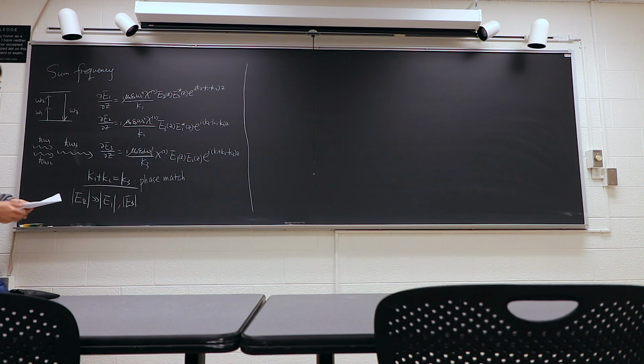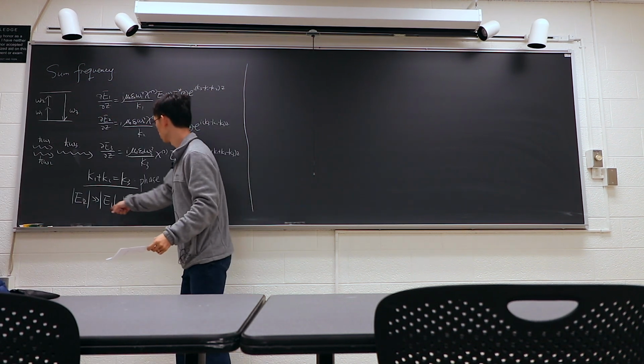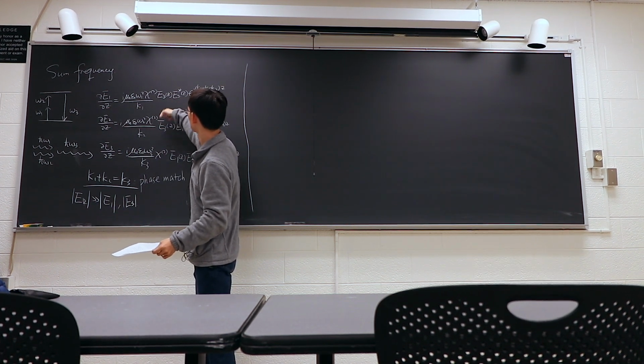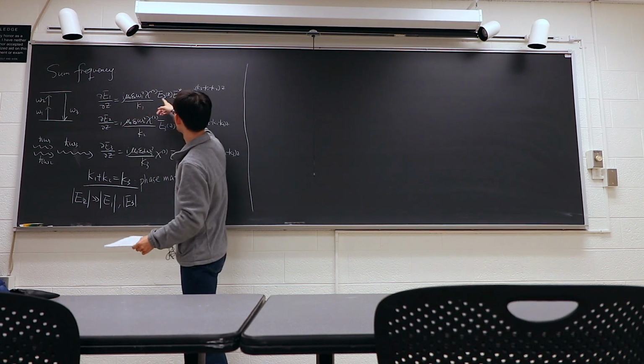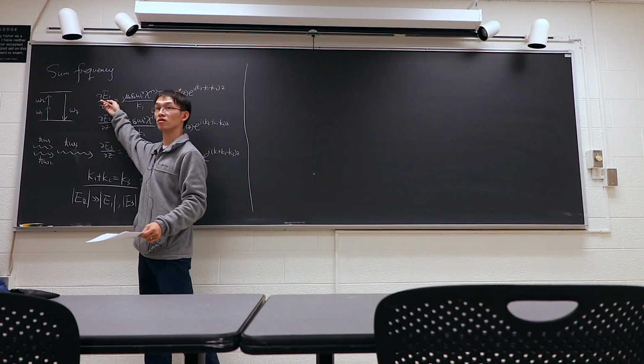Okay. And when we have this condition, we know that if E2 is very large, much larger than these two, then in this dynamic equation, these two terms don't affect much of E1.